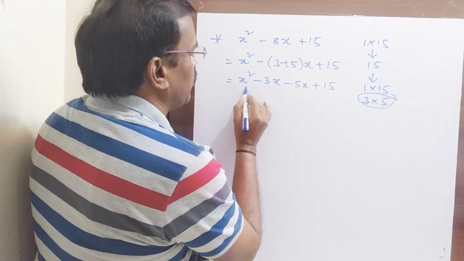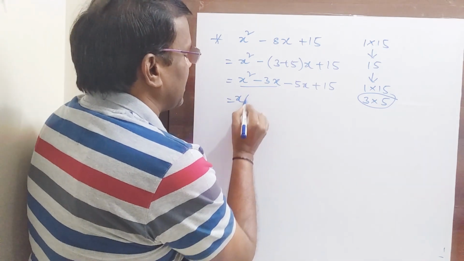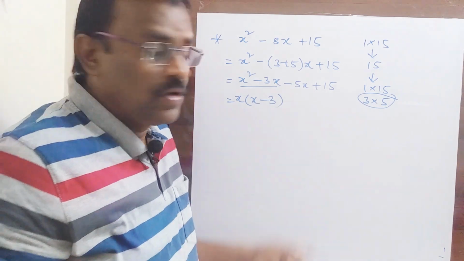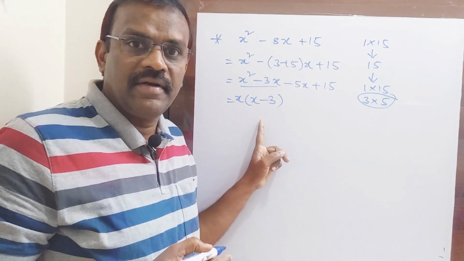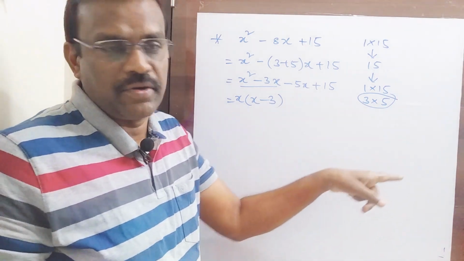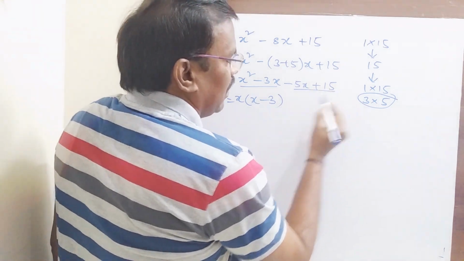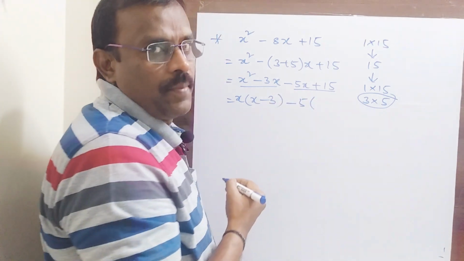Now we need to take the common factor from the first two terms. x taken common, what remains? x minus 3. Following the binomial you got in the first bracket, take the common term from the remaining two. So to get the same expression from the next two terms, we take minus 5 as common.